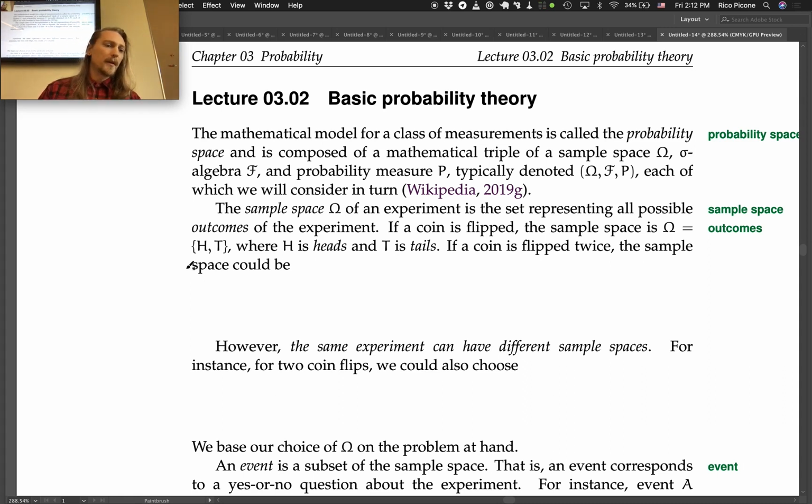The sample space, omega, of an experiment is the set representing all possible outcomes of the experiment.